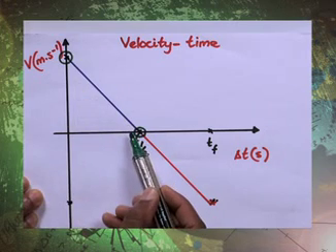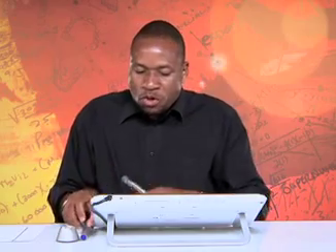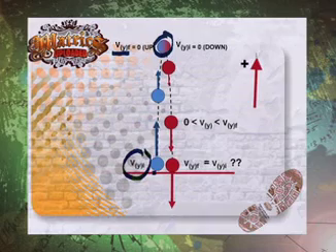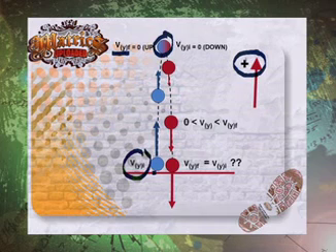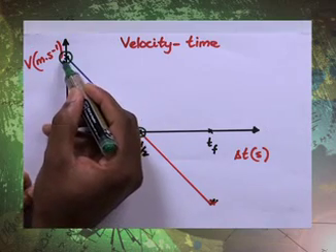Now, upward motion of the ball, also taking into consideration that we took our upward direction to be positive. If the upward direction is positive, our velocity upwards is positive, so hence that value there is positive.